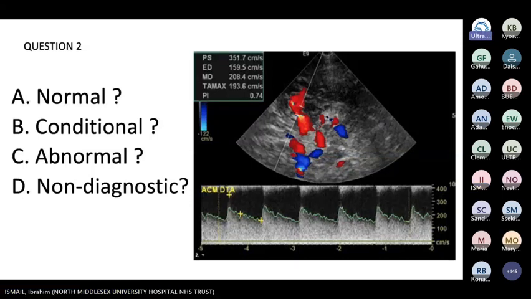I've already posted the poll. It should have popped up on your phones or on your laptops. If you can't see it, go to the chat and scroll through the chat. You'll see a poll saying case 2, study the waveform. How would you categorize this TCD study? Do you think it's normal, conditional, abnormal, or non-diagnostic?